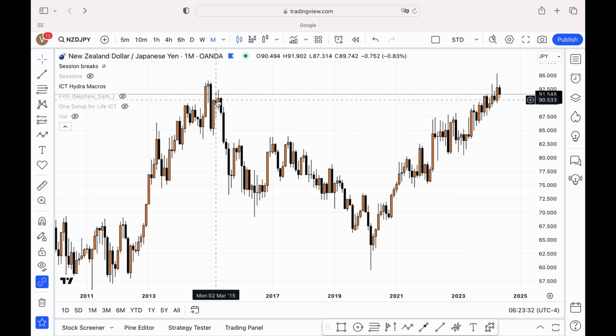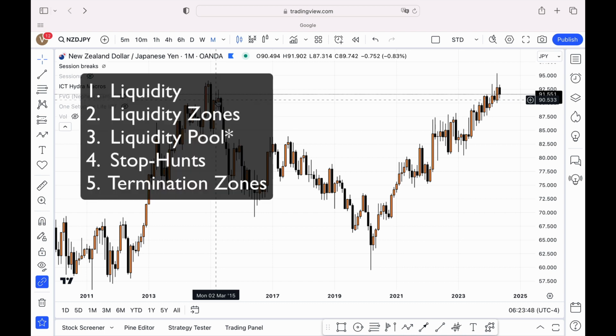Before we actually start, let's talk about the labels, the actual word liquidity. It is very possible, and I found this very confusing when I got started, that the term liquidity might be used interchangeably with other terms. You might hear liquidity zones, liquidity pool, stop hunt, or termination zones.